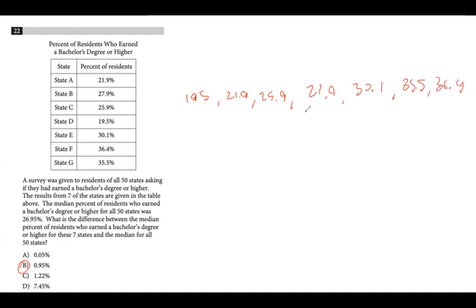From this, we get that our median value is 27.9. But we're not done here. Then we have to calculate the difference between this median and the median for all 50 states, which is 26.95. So when you subtract these two, you get 0.95. And that is your answer. So B. Does anyone have any questions?